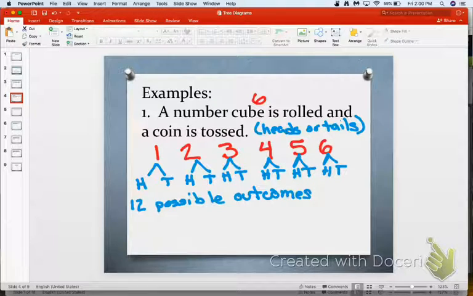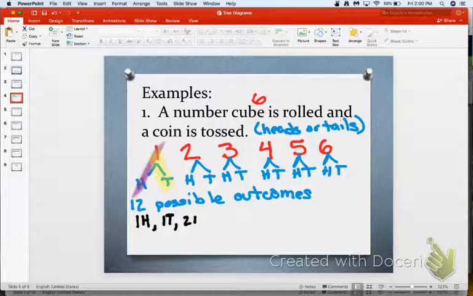So if I said I rolled a 1 and I got a head, so one of the names is a 1 and a head. Well, the other side of that is I could get a 1 and a tails.